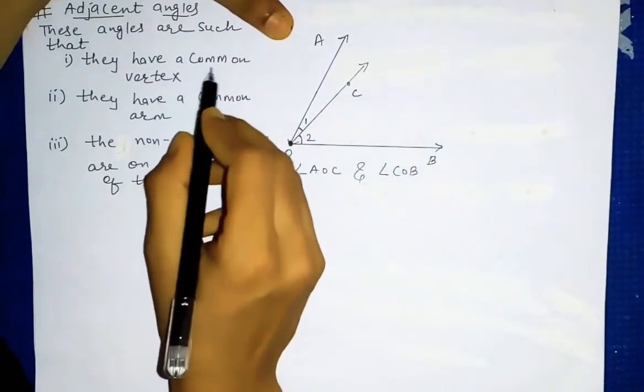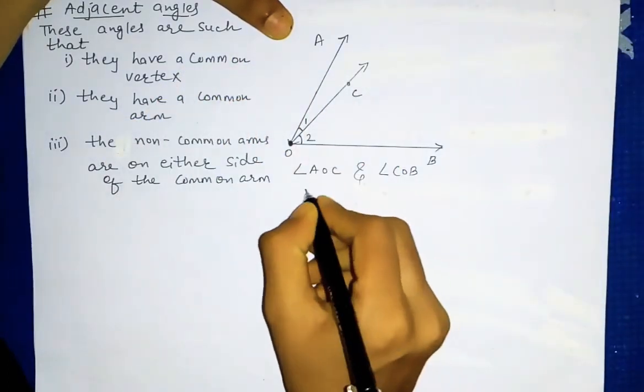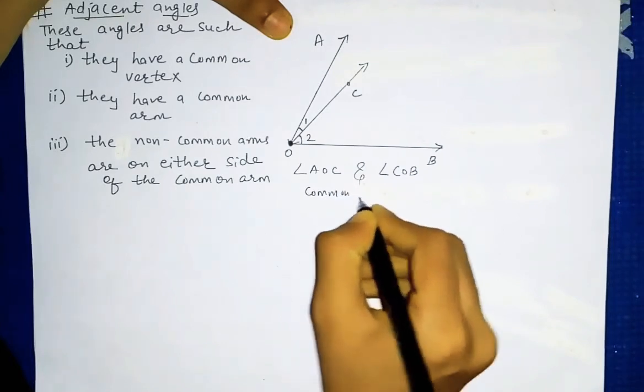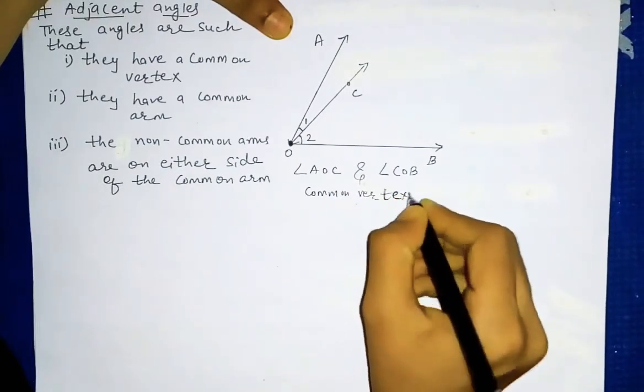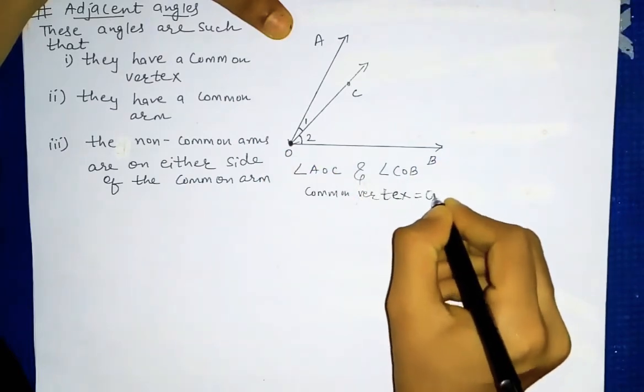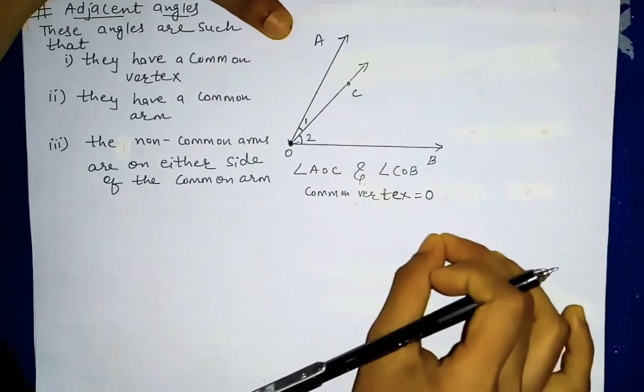That is why they have a common vertex. So the first condition is fulfilled. Is there a common vertex? Yes, and that point is O.